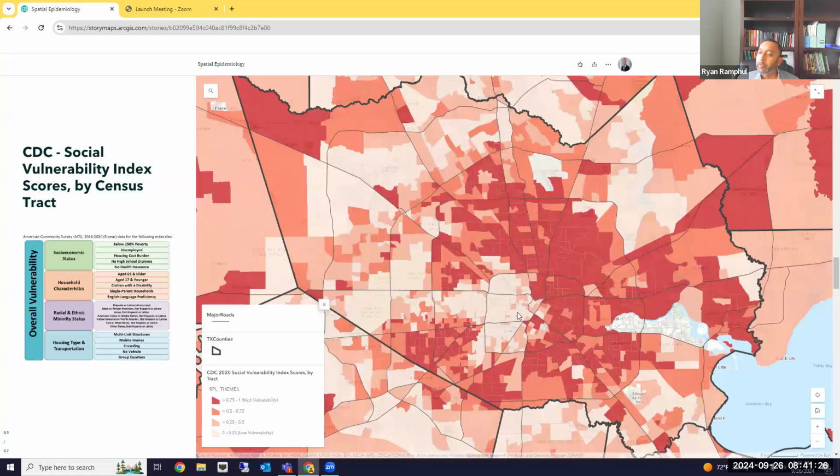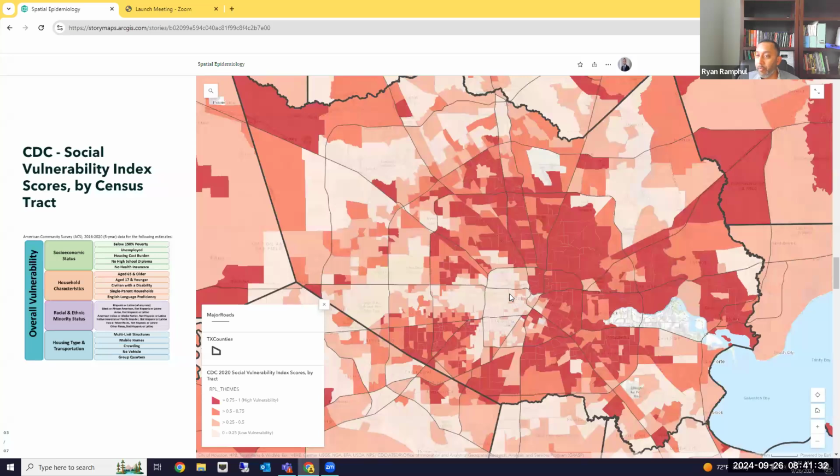Now, the Houston arrow is a very high income area. It's a very high education area. And to some degree, it seems to be immune from a lot of the negative health outcomes that the higher social vulnerability areas are kind of plagued by. So you'll begin to see this arrow in a lot of choropleth maps that you see because it's just interesting that it takes the shape of an arrow, you know?